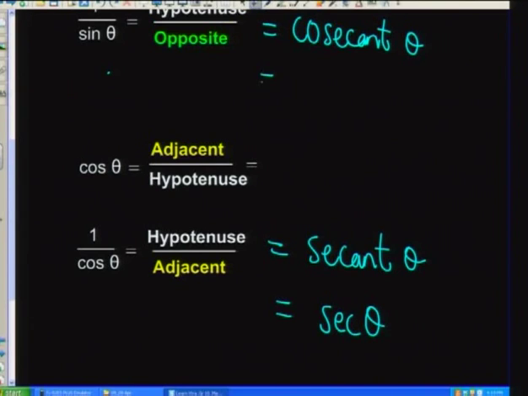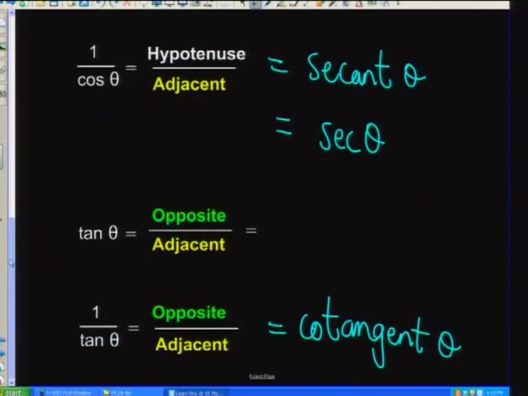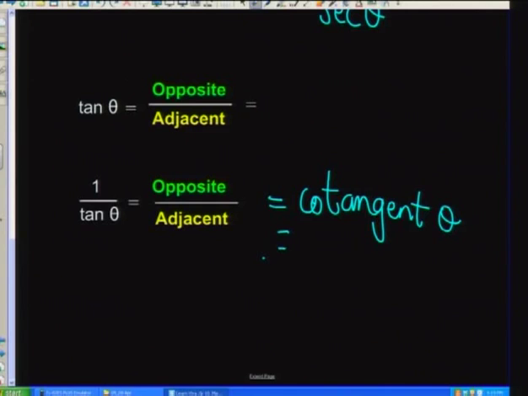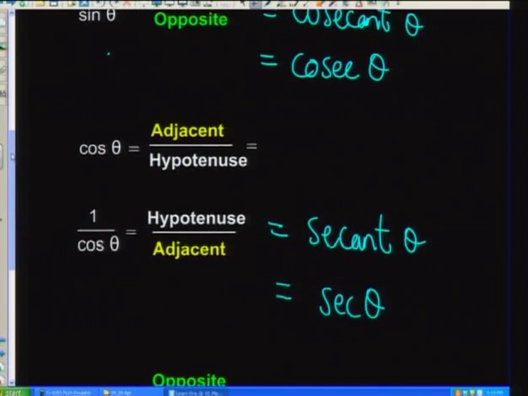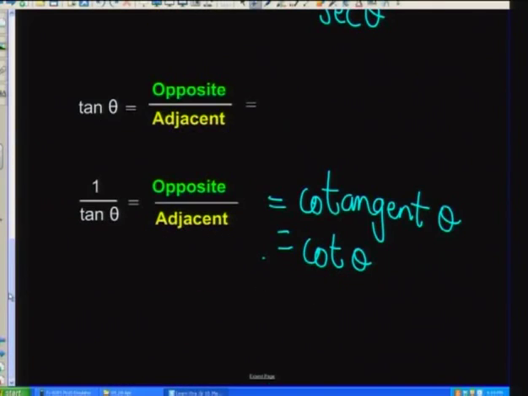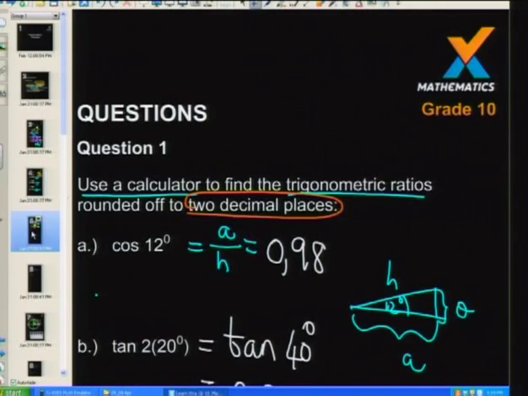This would be cosec theta. We wouldn't be able to take the first 3 letters here, otherwise we'd have cos being ambiguous. So we have to take cosec of theta here, and here we've got cot of theta.